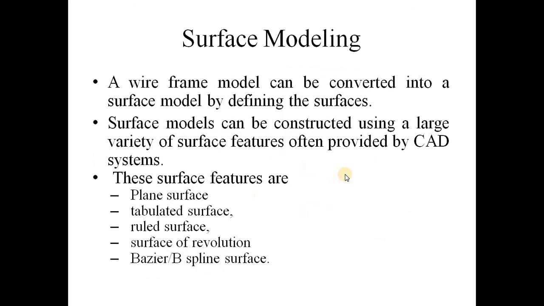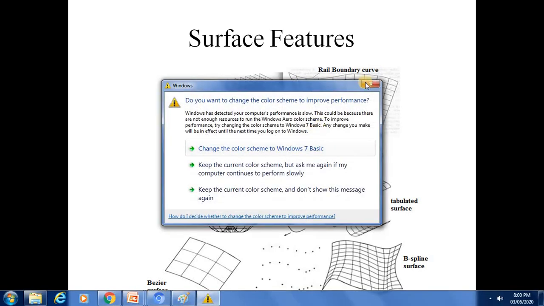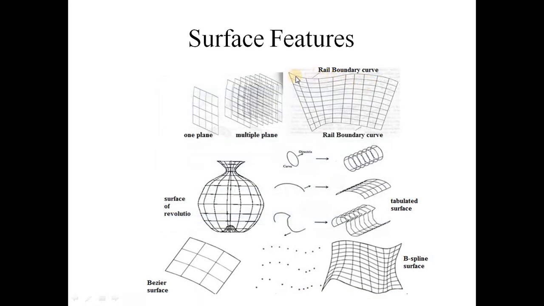Then next is ruled surface. A ruled surface is basically when the two curves or the two edges, the top edge and the bottom edge, are joined together with a ruled surface.